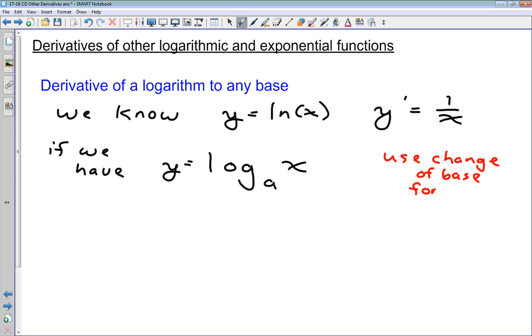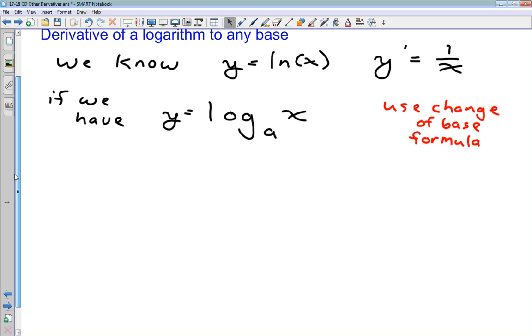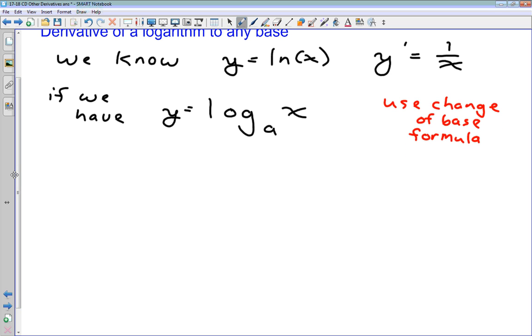Now, we'll use the change of base formula this time so we can figure out what the derivative rule is, but you don't have to use it every single time. Once you know the derivative rule for bases other than base e, you can just apply that rule. The change of base formula allows us to go from a base that we have to any other base.